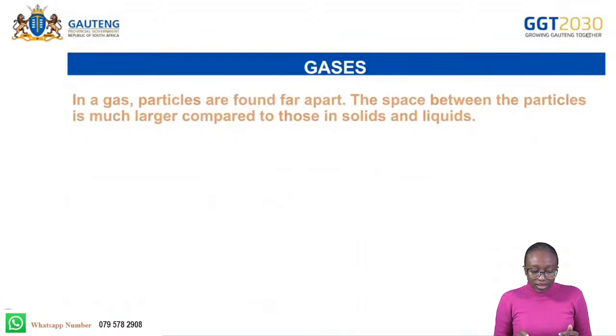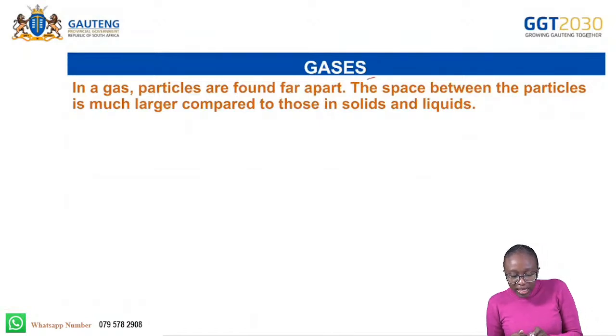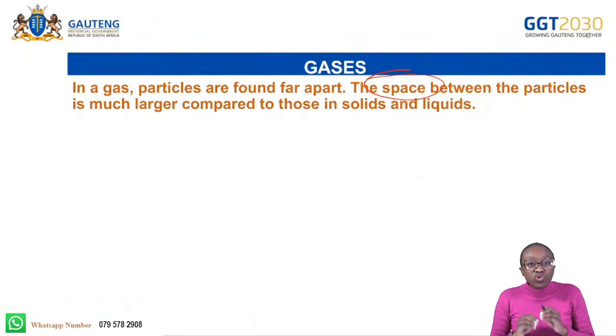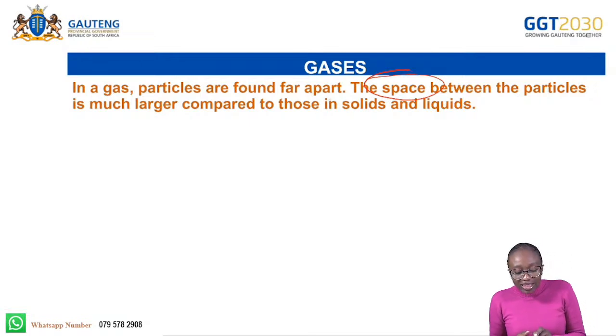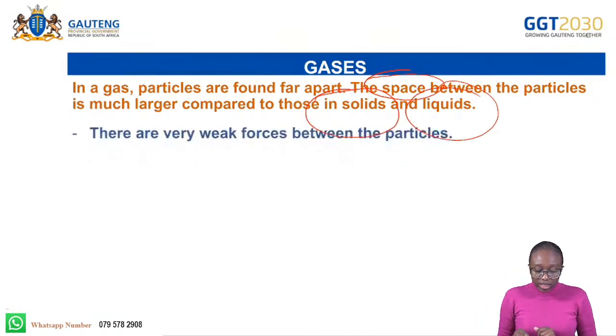Next, gases. In a gas, particles are found far apart. So particles of a gas have a greater distance between each other in comparison to particles within a solid and particles within liquids. The space between the particles in a gas is much larger than that of solids and liquids.